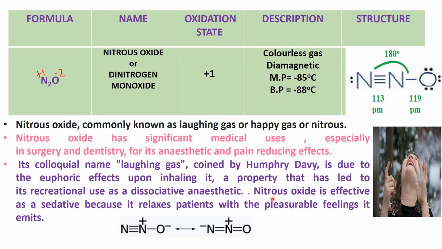Nitrous oxide causes euphoric effects. What is euphoria? Euphoria is the experience of pleasure or excitement and intense feelings of well-being and happiness. Nitrous oxide is effective as a sedative because it relaxes patients with the pleasurable feelings it emits.